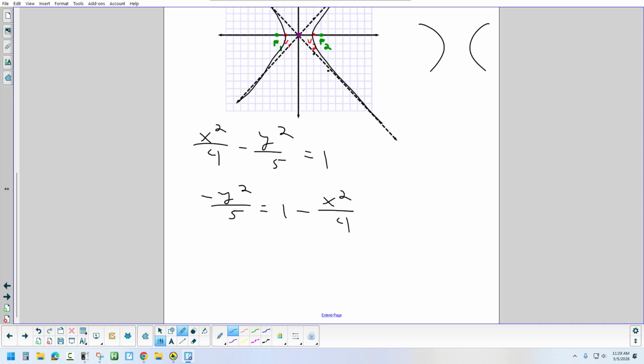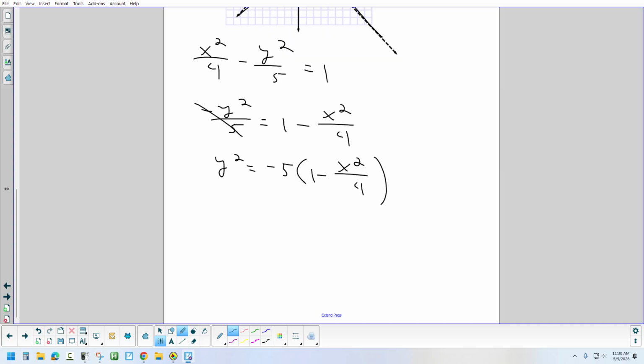I'm going to do -5 so that I cancel the negative at the same time. So multiply by -5. You don't have to distribute it. That's just another place we could make a mistake. And then what's the last step? Yep. Take the square root. The square root is going to cancel the exponent of 2. And that's how you're going to get the top and the bottom part of each branch.